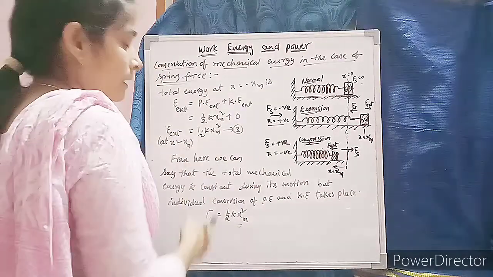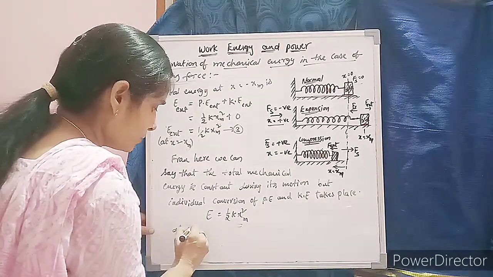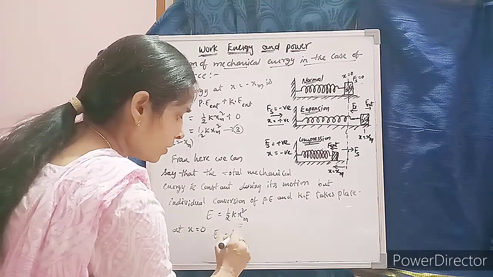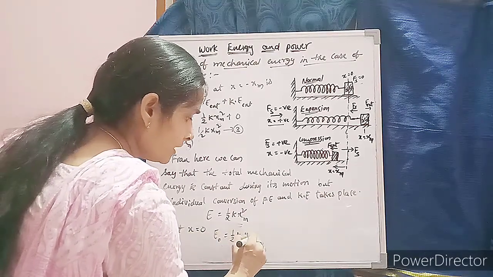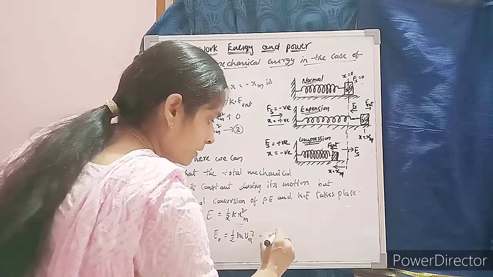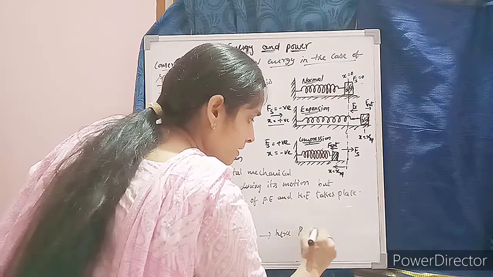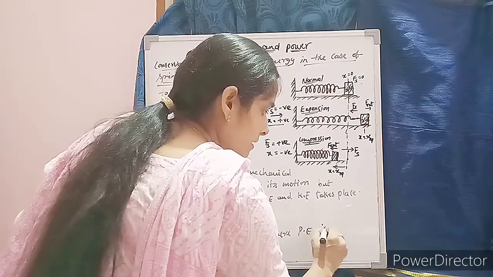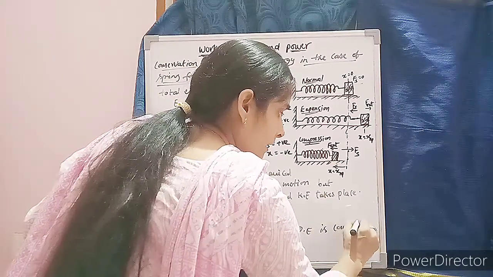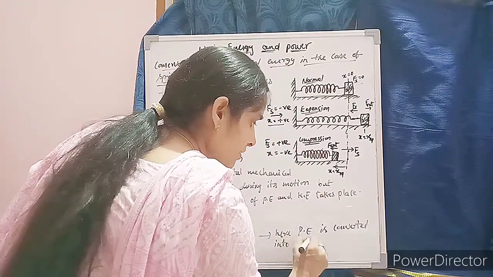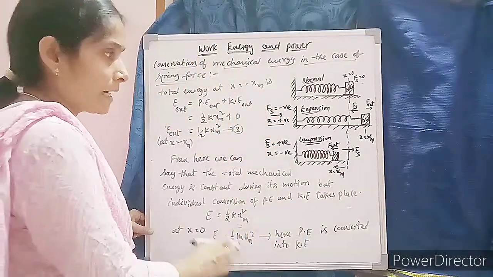Okay, and at x is equal to 0, the energy E naught is equal to half into m into Vm square. Here the potential energy is completely converted into kinetic energy.